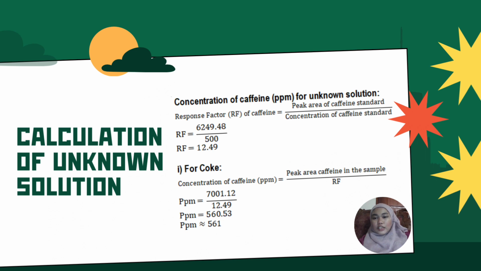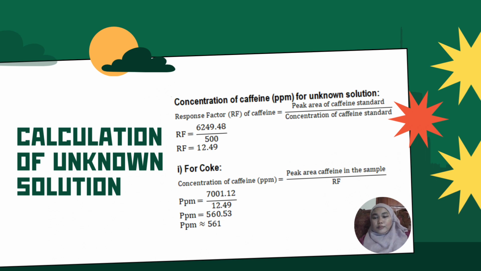So RF is equal to 12.49, which is good since the RF must be more than 9 for a good result. For the Coke, the concentration of caffeine in ppm is equal to the peak area of caffeine in the sample divided by the RF of the earlier calculation.